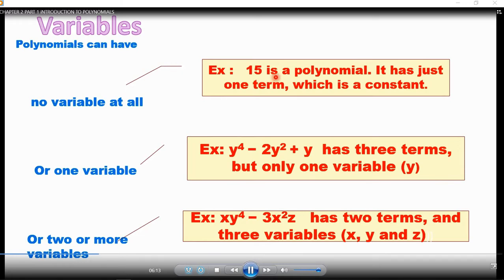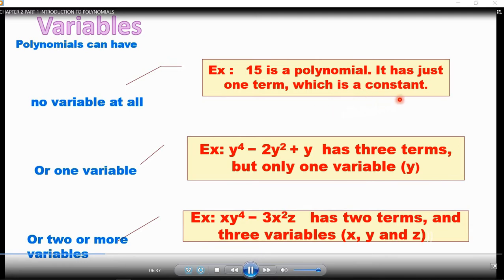But now you can say that 15 is a polynomial. It just has one term which is a constant. So see the same 15, but in ninth class you are seeing it with a different view. A first class child will see it as a number and you will see it as a polynomial.